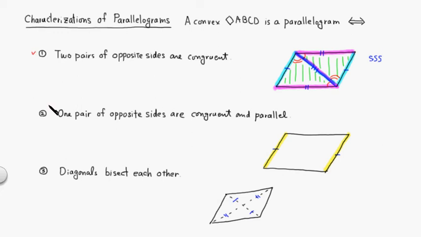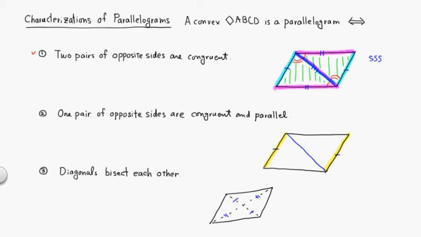Number two is slightly different. We only look at one pair of opposite sides, but we require it to be congruent and parallel, so the same length and parallel. Then we do the same trick, just draw a diagonal. By knowing that these are parallel to each other, we can use the Z property there.